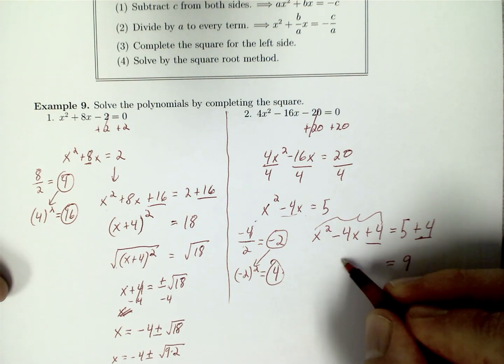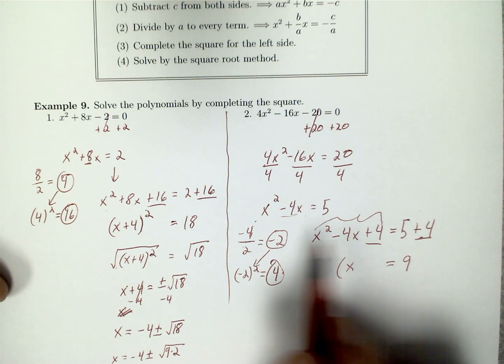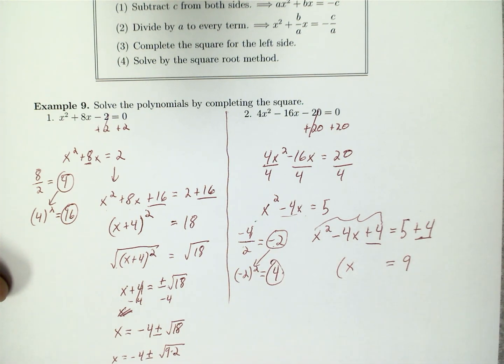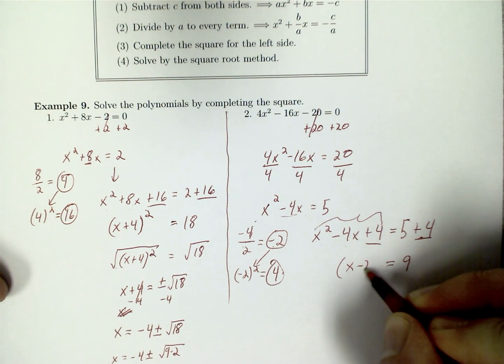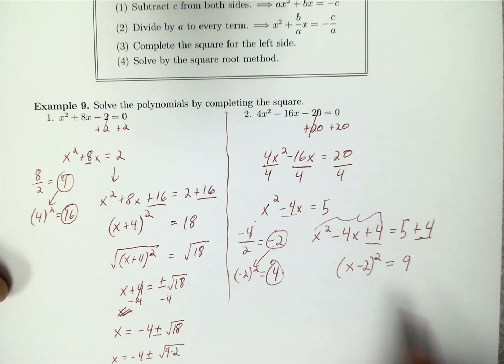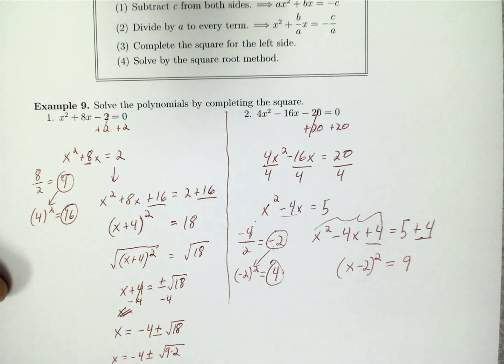And what does it factor into? Well, what are two numbers that multiply to be positive 4 and add to be negative 4? Well, negative 2 times negative 2 multiplies to be positive 4, and negative 2 plus negative 2 adds to be negative 4. And that is our factor, x minus 2 times x minus 2, which again, we found just by dividing by 2. So you can just go straight from here to here once you know this number.